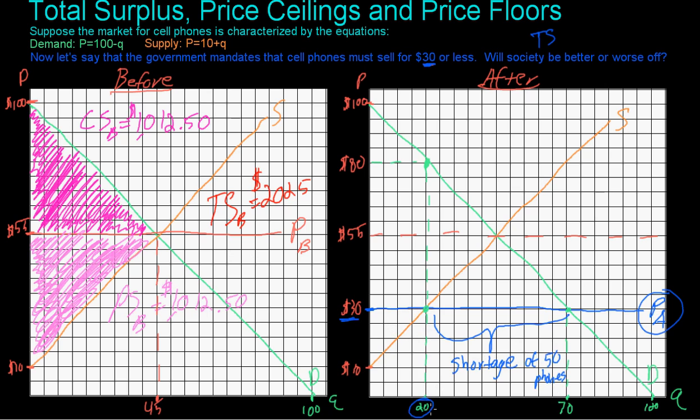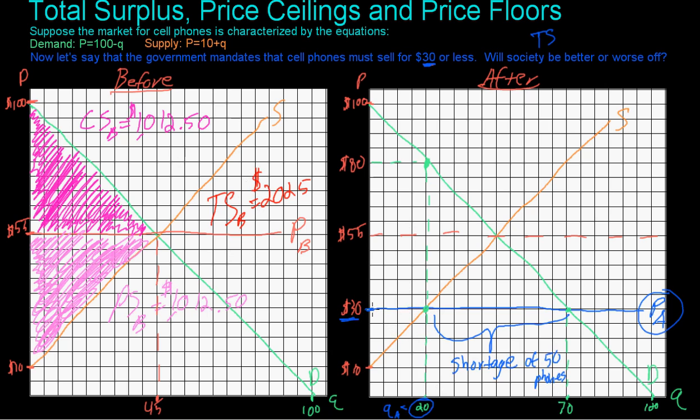So now that we know the quantity after is 20, and we know the price after, we need to figure out what consumer surplus will be. Again, consumer surplus is always the area below demand and above the market price.